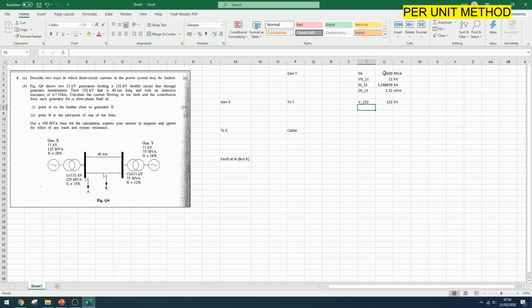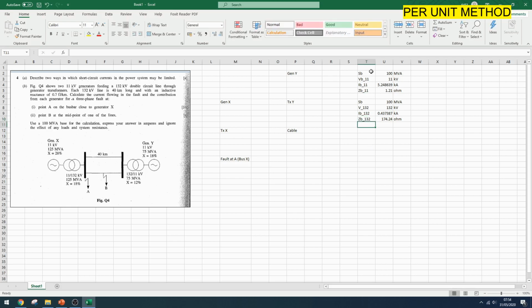And we can repeat this same here. You can just copy paste. Sorry, can just copy paste here. So this is I base at 132 kV and Z base at 132 kV.